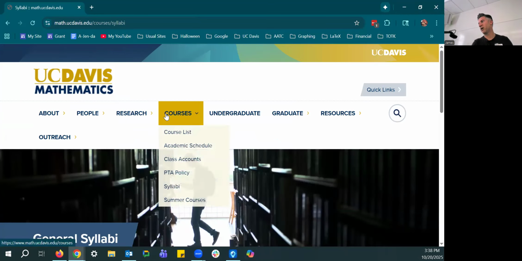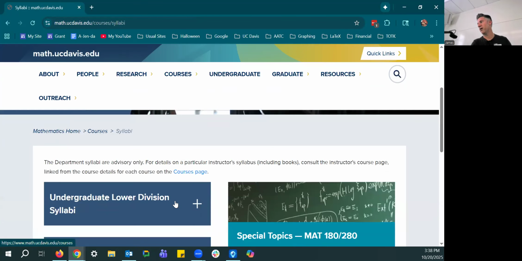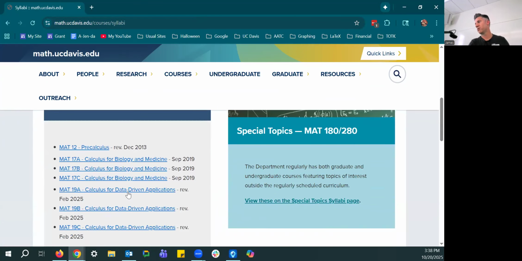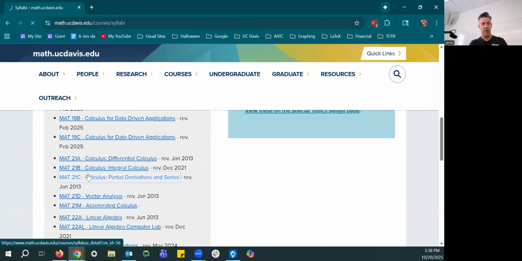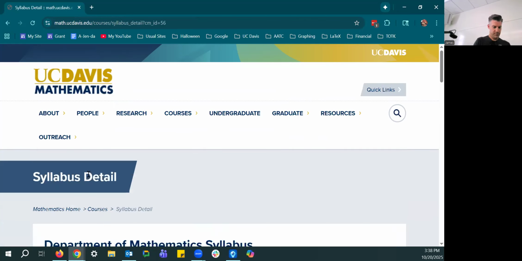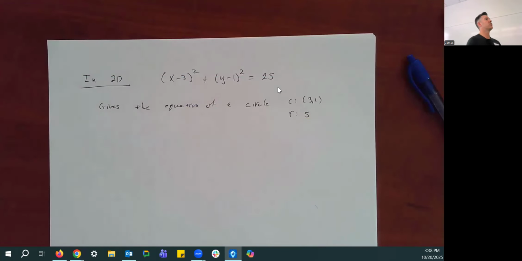But here's the syllabus in case you're curious where it is. You scroll down to undergraduate, Calc 21C. Let's see what they say. Three-dimensional coordinate systems. How vague. So basically, they want you to have some familiarity with the three-dimensional coordinate system, but I don't think it has to be too rigorous.